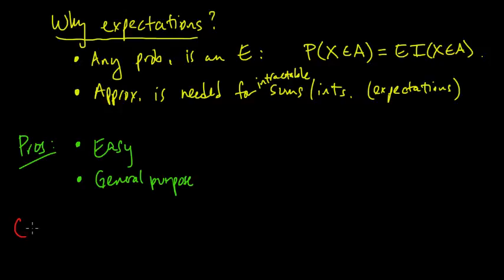But this leads us to the cons. The first pro is that it was easy, and the first con is that it's also easy. And in fact, it's too easy. It's so easy that it's overused. So it's often used inappropriately.